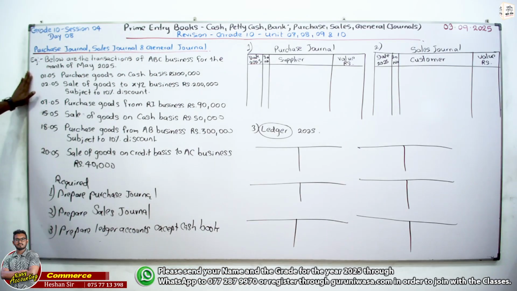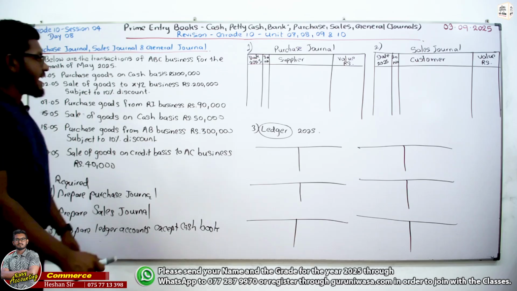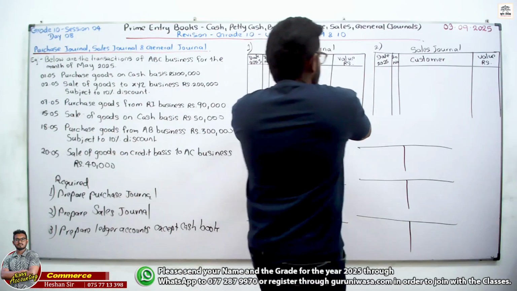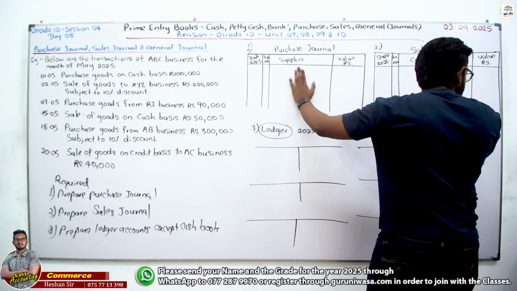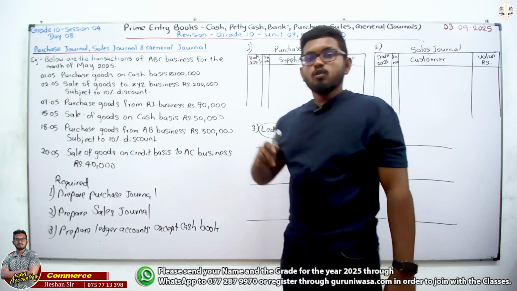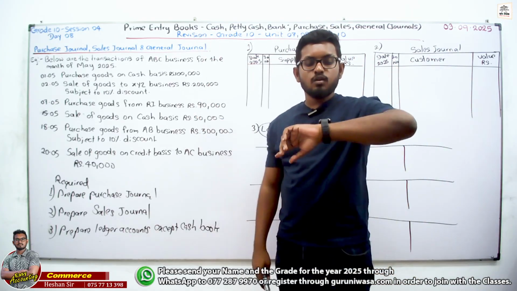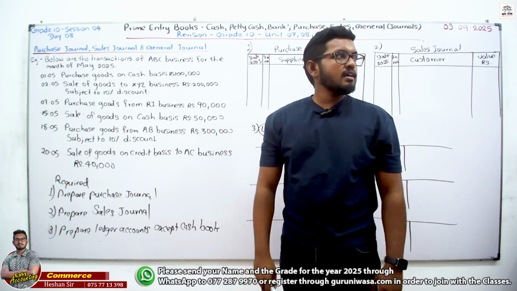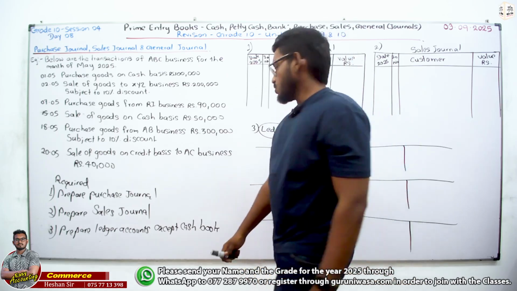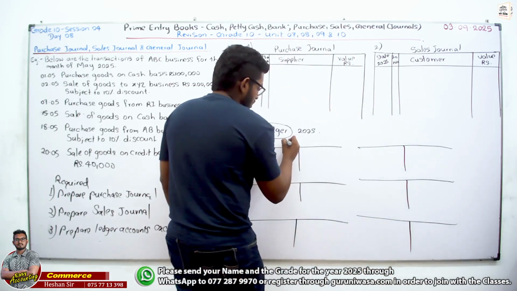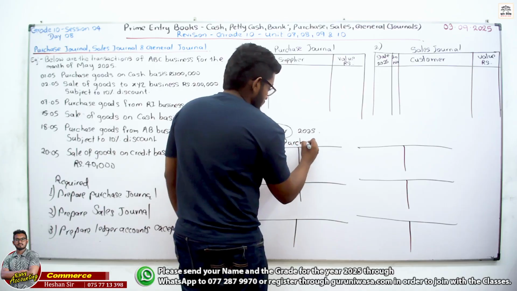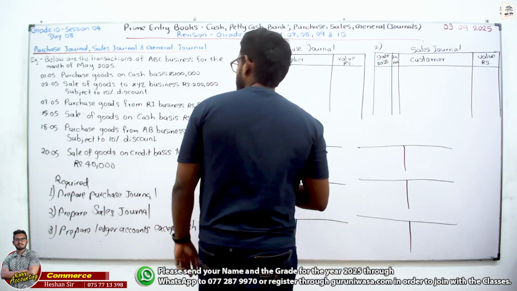Number 1, purchase goods on cash basis. When we purchase goods on cash basis, it does not go to the purchase journal. It goes to the cash book credit, purchase account debit. Understand? Can you hear me, guys? So I'm going to draw only the purchase account because no need for the cash book.